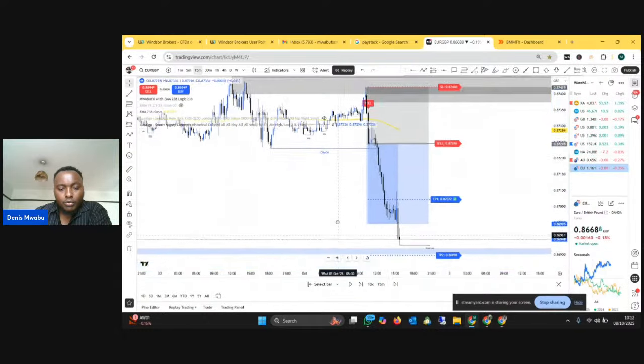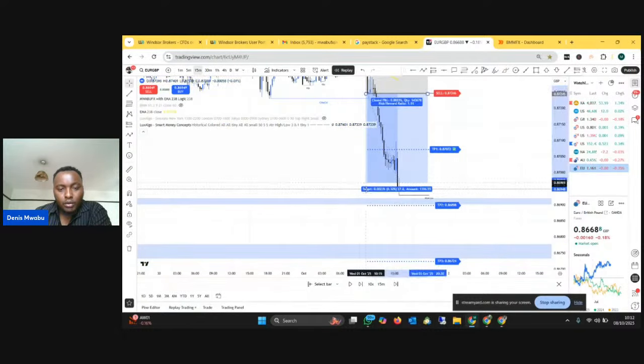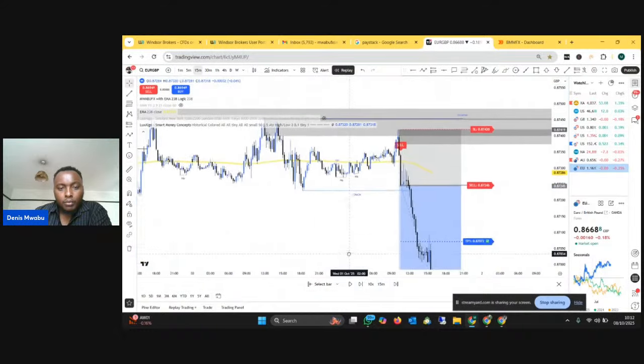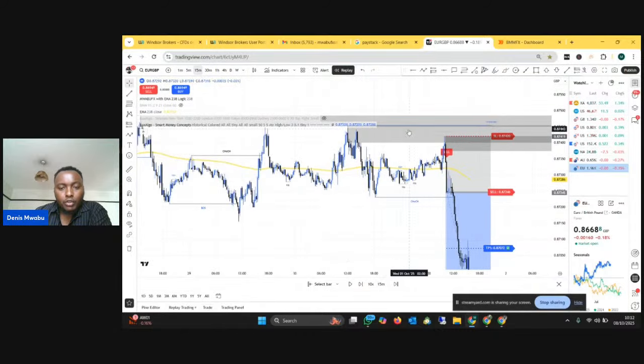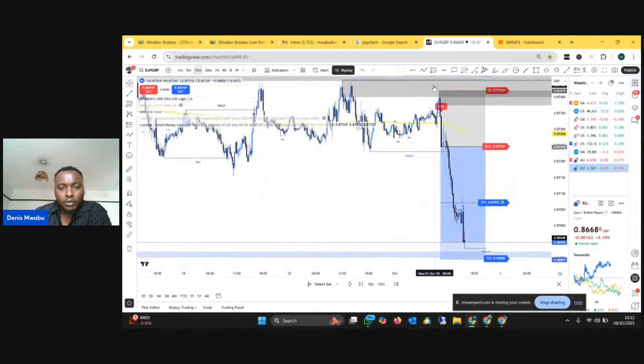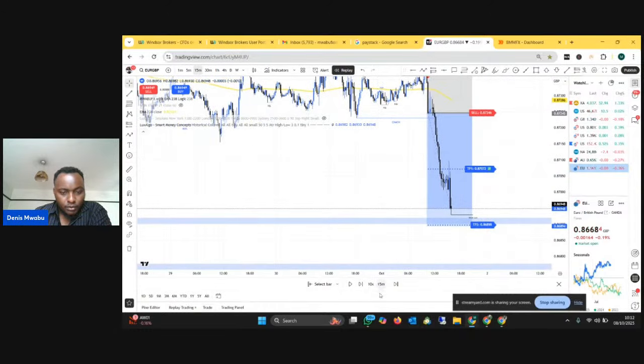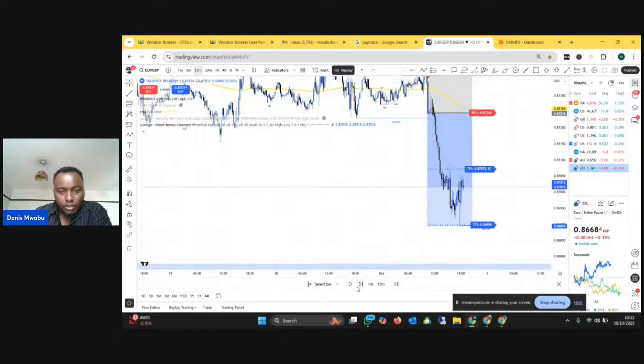You can see it was able to go all the way up to take profit 2 after a push on this particular zone. So these are some of the setups that you're looking at. It went and hit take profit 1 and also take profit 2.